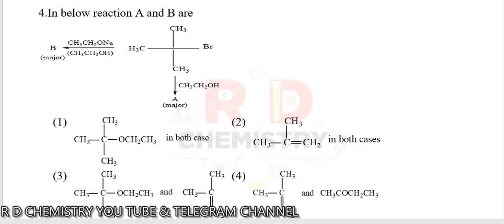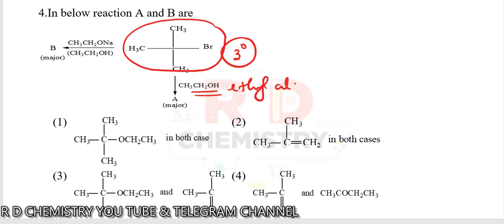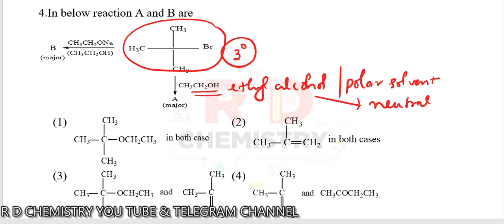Question number 4. In the following reaction A and B are. Now this is a tertiary butyl bromide, so a tertiary alkyl halide. Now there is ethyl alcohol given. Ethyl alcohol is a polar solvent, and ethyl alcohol acts as a neutral nucleophile.